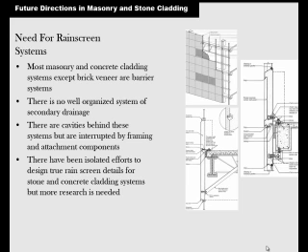So what's going to happen in the future? Rain screen. Most masonry and concrete cladding systems except brick veneer are barrier systems, and there is really not a well-organized system of drainage, because brick has the weep holes, so there's a well-organized system of drainage.